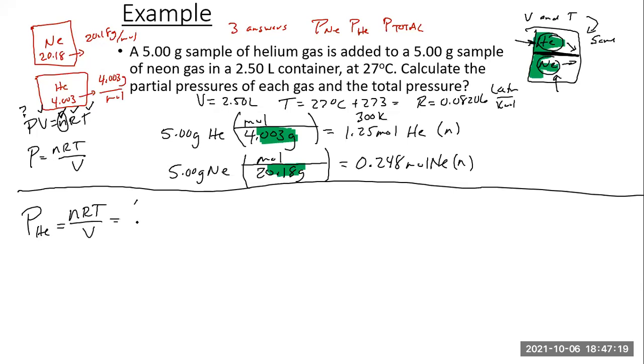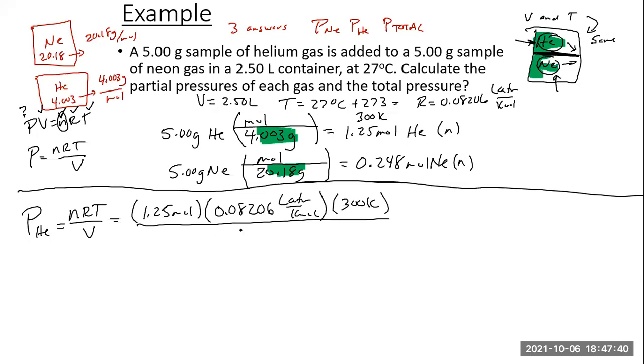Our n for helium is 1.25 moles, our R is the constant 0.08206, our temperature is 300 Kelvin, all divided by our volume, which is 2.50 liters. Moles will cancel, Kelvin will cancel, liters will cancel, leaving us atmospheres, which is a unit of pressure, and what we're looking for.